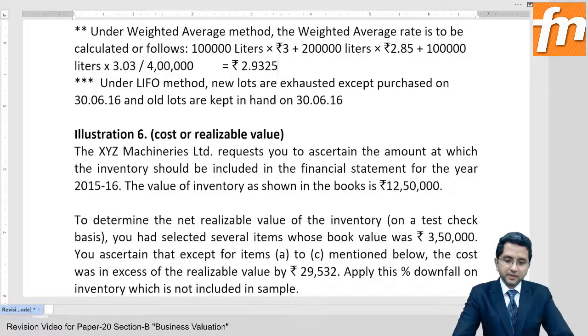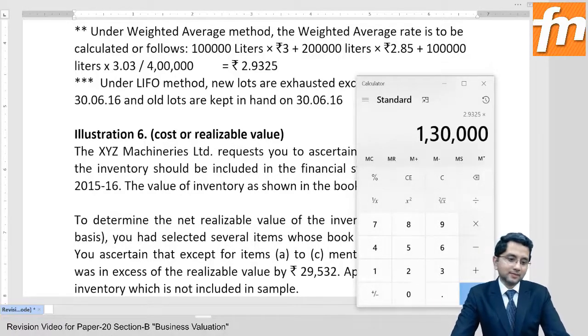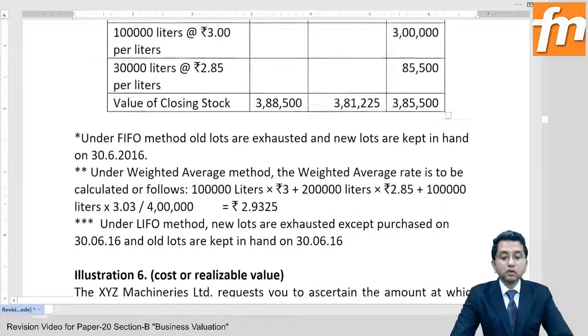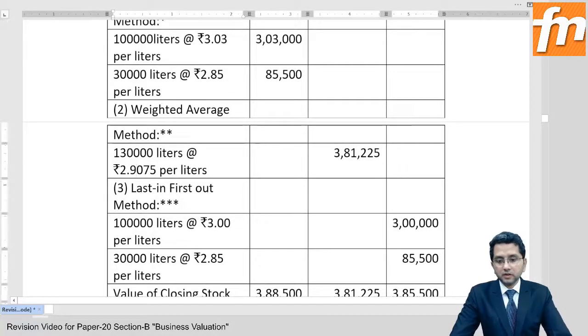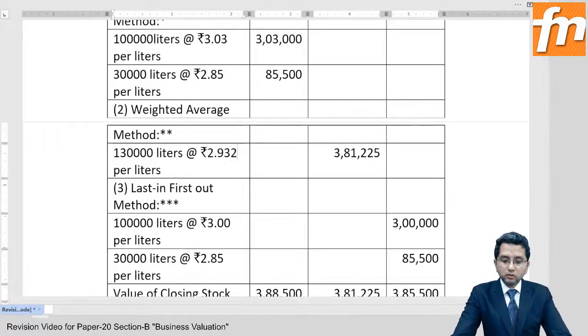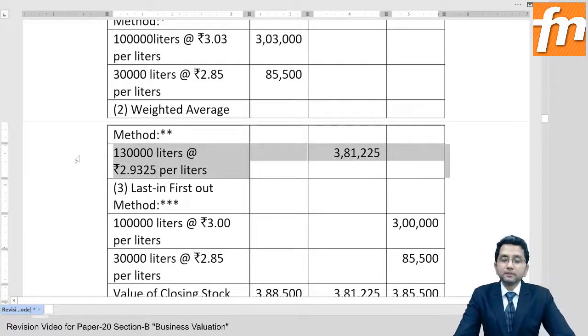2.9325. And now 1,30,000 units are in stock, so multiply it by 1,30,000: 381,225.